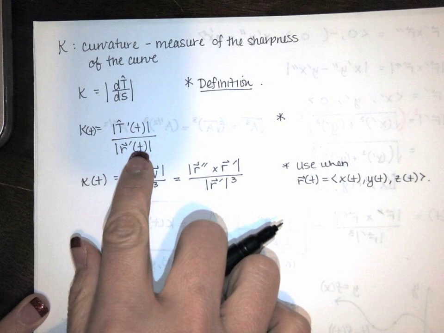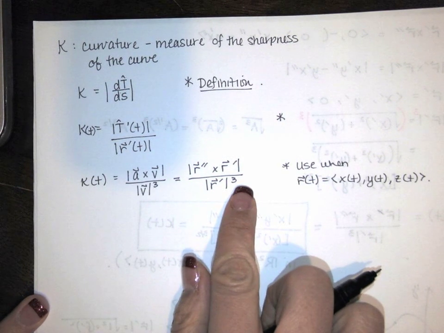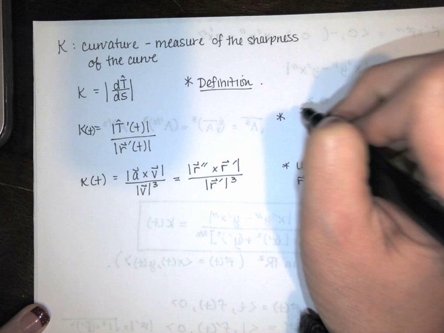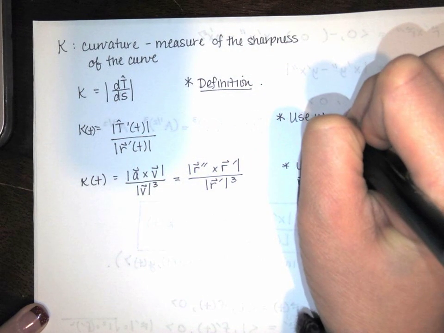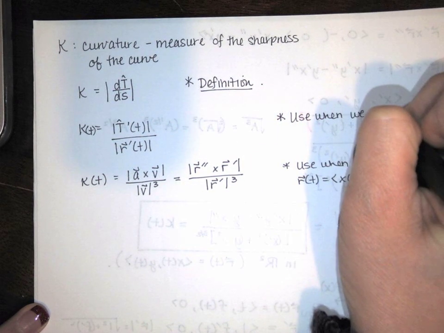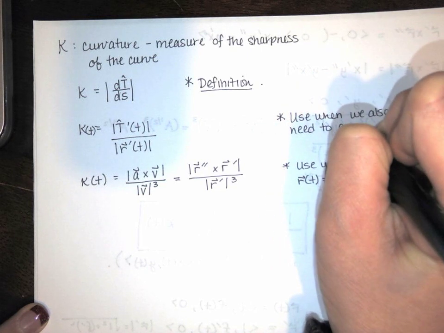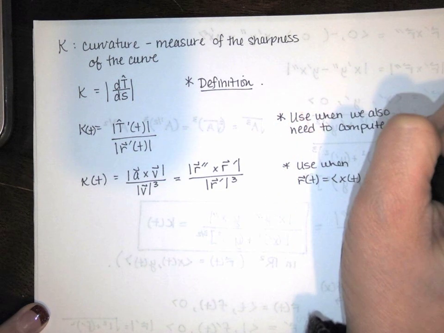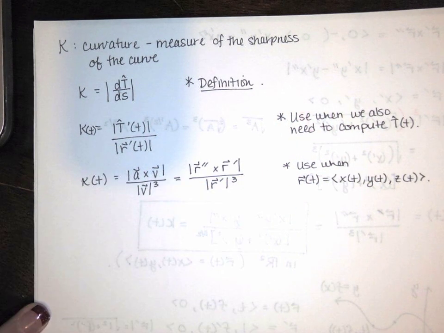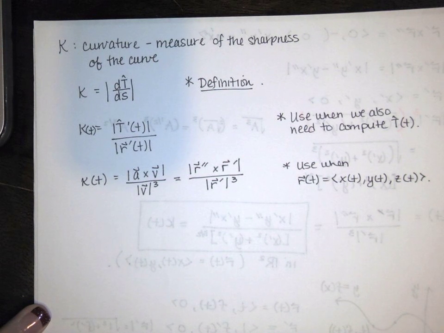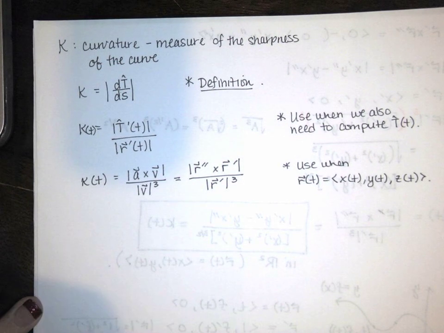If I don't have to calculate the unit tangent, I would just as soon do this one. Because once I have T hat, it's not too difficult to take a derivative and find its magnitude. Even though T hat can be pretty involved because of the magnitude in its denominator. So this is an option. This is also an option.